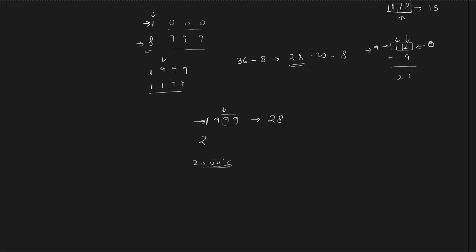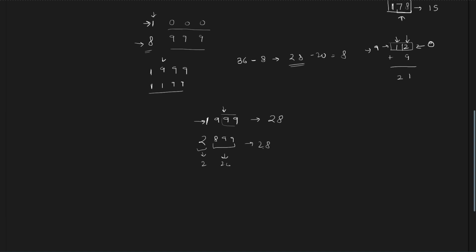So how can I form 26 from 3 digits? A way would be something like this: I can write 8 here and 9 here and 9 here. So the sum here would be 26, and this is 2. 2 plus 26 is 28. So I have found a way such that it is just the next greater number, such that the whole sum is still the same, right?